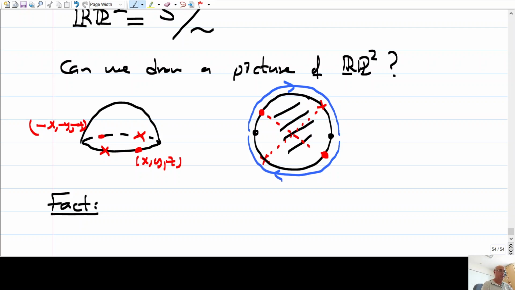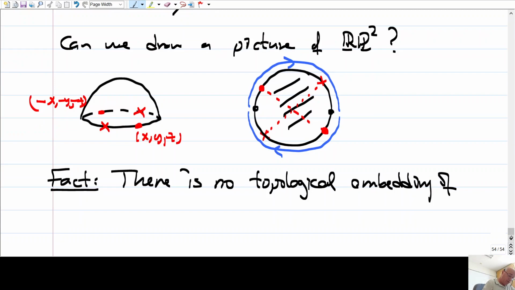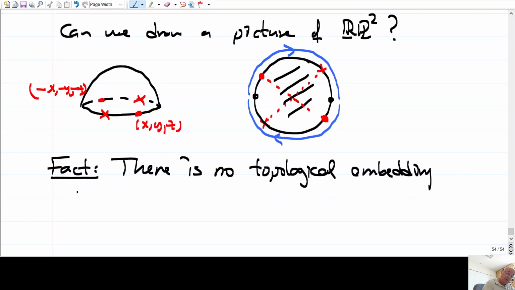In other words, there is an embedding of RP2 into R3, but that's not true. The fact is that there is no topological embedding H from RP2 into R3. Okay.